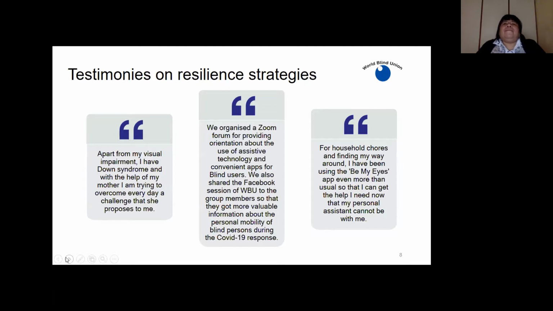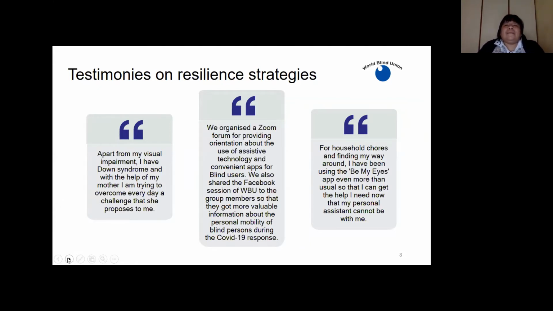This is a very clear example of how they are using personal and family support. Others mentioned that they organize a Zoom forum to teach others how to use technology, and also a conference on Facebook for the World Blind Union, in order to improve orientation and mobility skills, especially in this pandemic. All the testimonies can be accessed in the report.